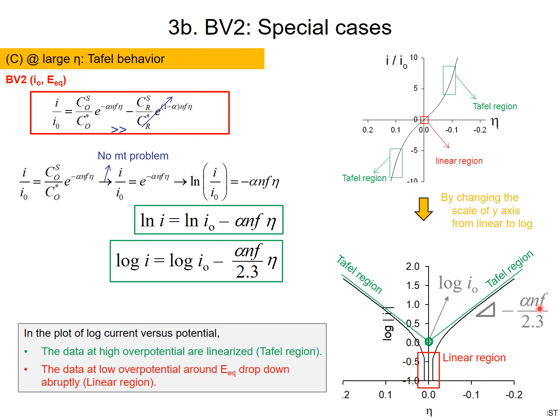That is to say, we could obtain the two parameters of the Butler-Volmer equation, exchange current and alpha, from the experimental data by fitting the experimental data with the Butler-Volmer equation at high overpotential, which is log I equal to log I0 minus alpha nF per 2.3 times eta.